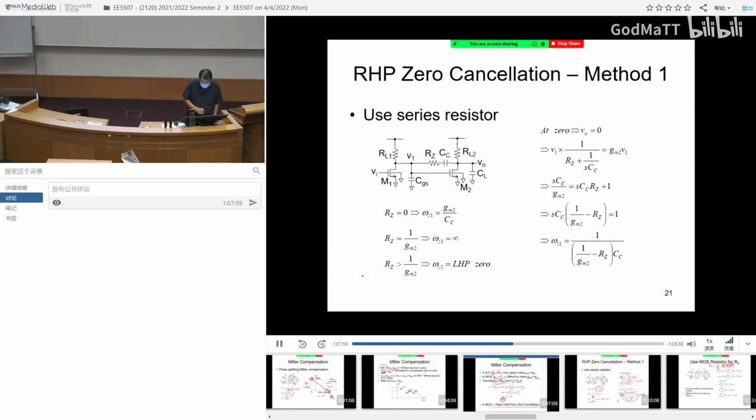So we apply the same concept. 0 means at the frequency omega, V naught equals 0. So if V naught equals 0, because this is also ground, I don't care about the RL2. Now this current source is going to be GM2 V1. So I can write it over there.